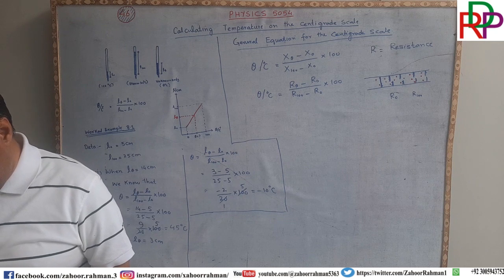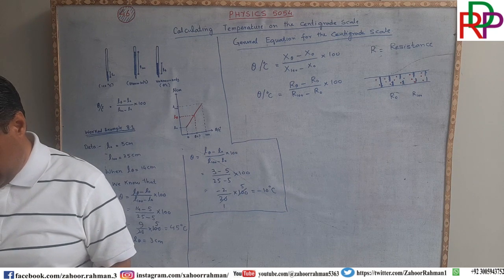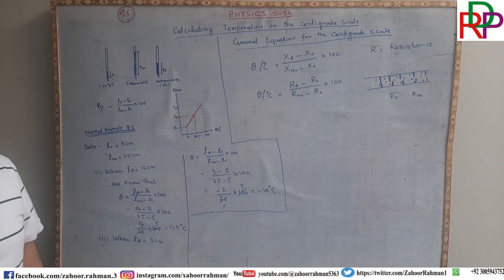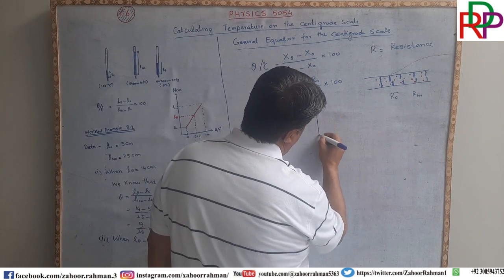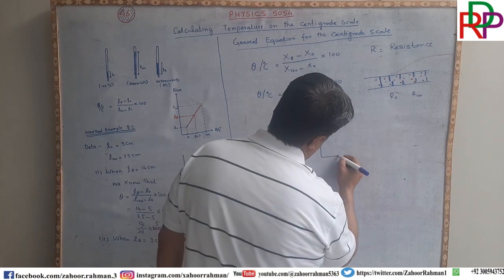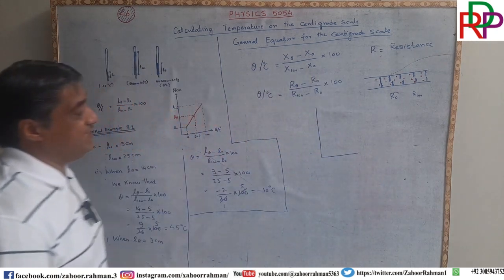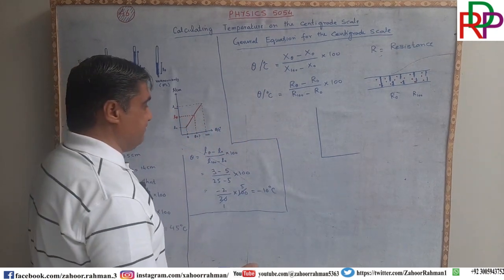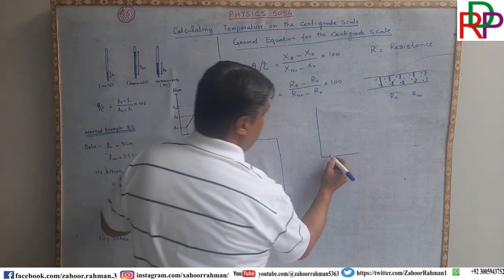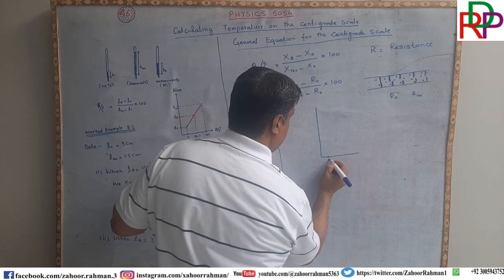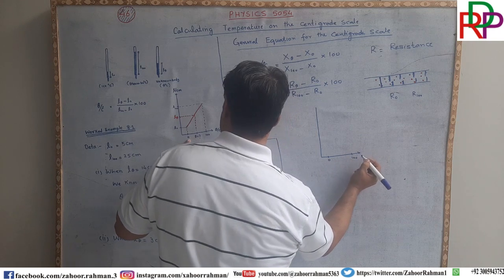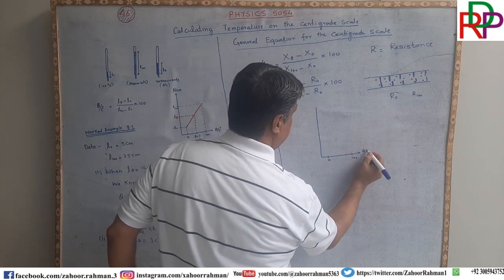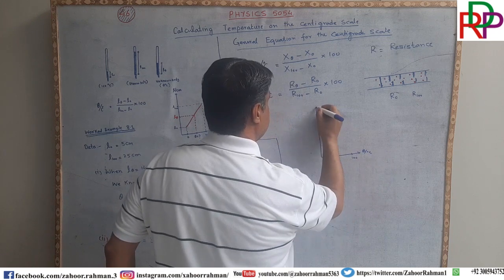So we can write all these things in that, and if we are generalizing it for graphical representation, the criteria will be the same, only the labeling will be different. So this will be 0 and this will be 100, and we will say theta per degree Celsius.